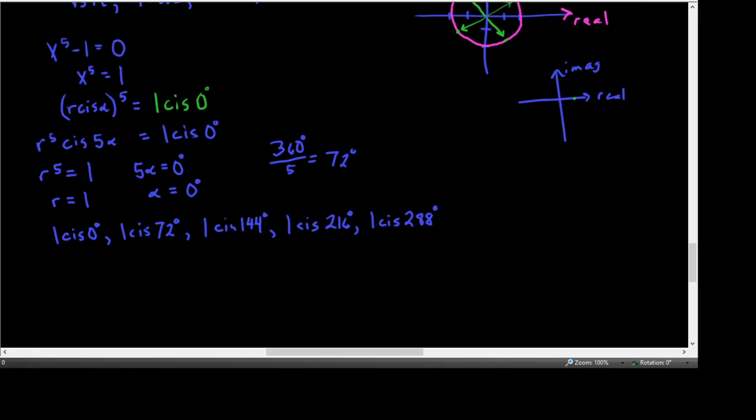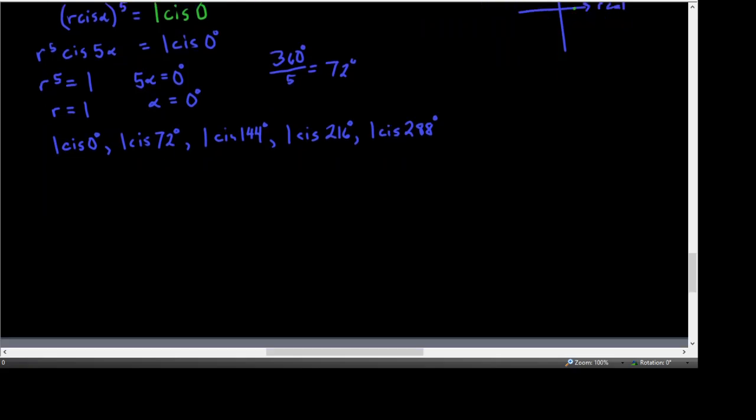So, if we were to graph these results in the complex plane, this is the real axis, this is the imaginary axis.